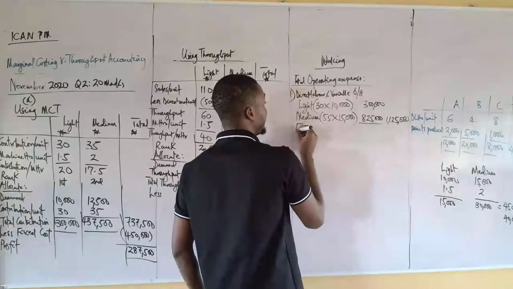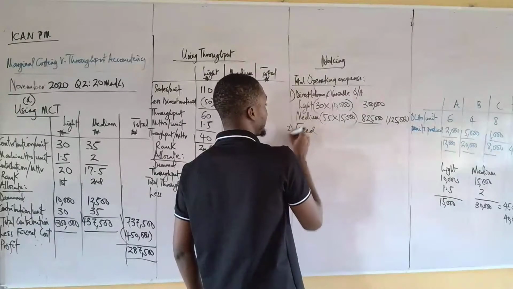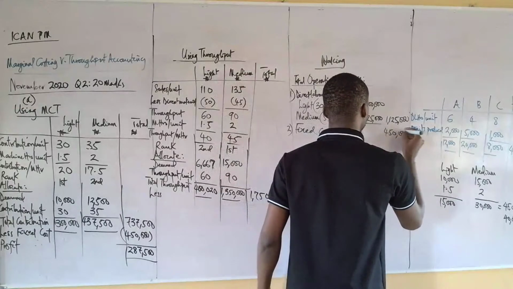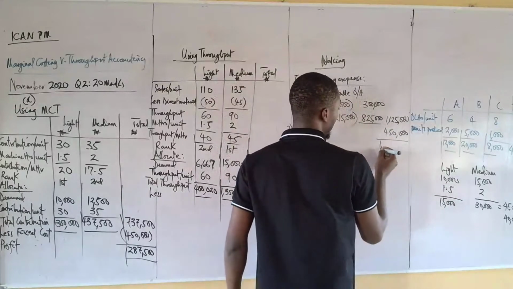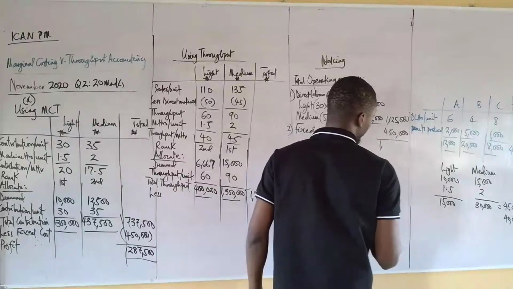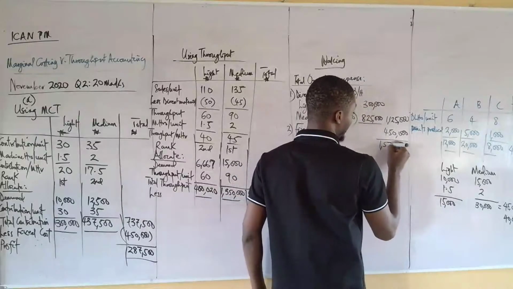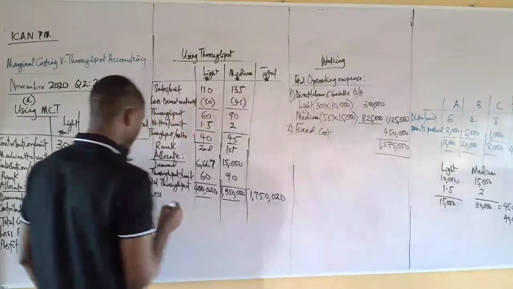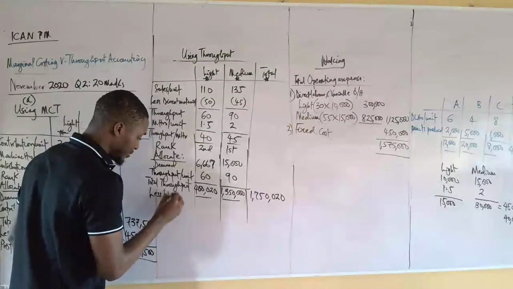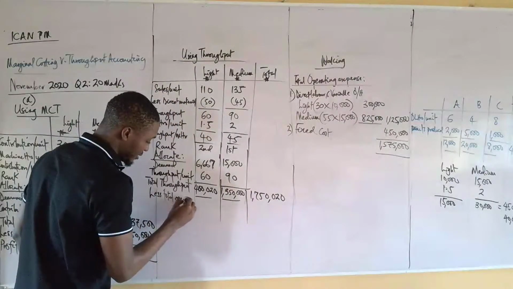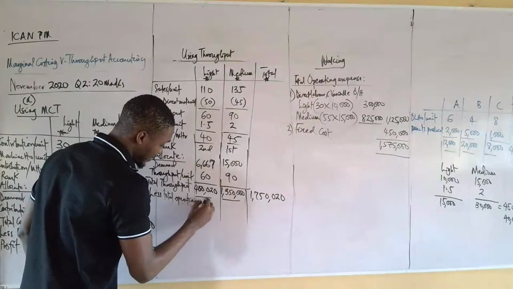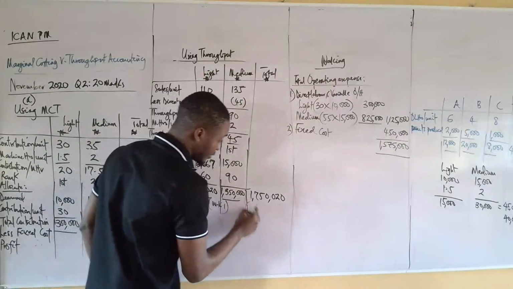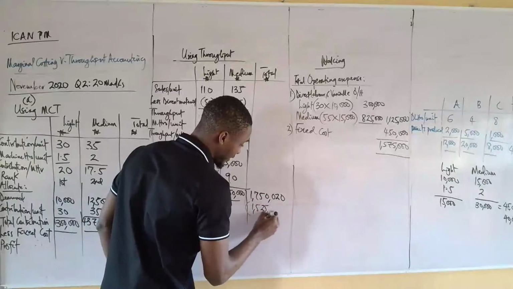Then we now bring in fixed cost, which is the second one, 450,000. So total operating expense now is what? 1,575,000. So we less total operating expense gotten from working one. That gives us 1,525,000.